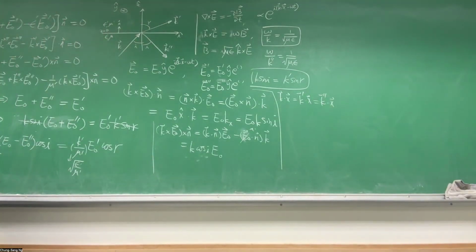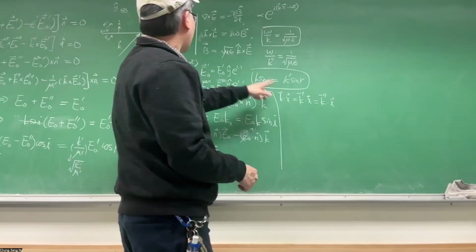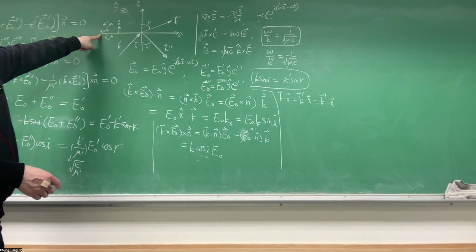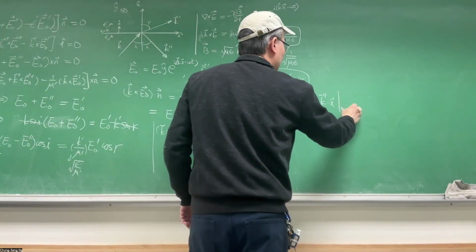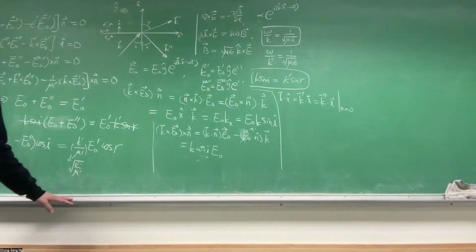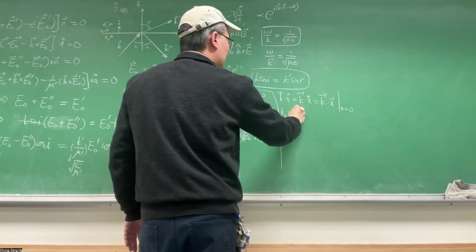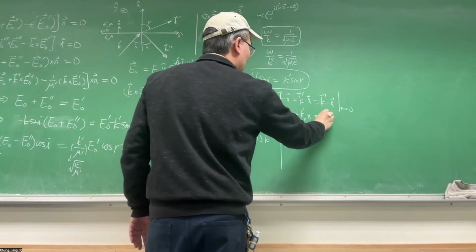K is only in the xz plane, right? And this is evaluated at z equals 0. X is basically just along x. So this is just k x equals k prime x equals k double prime x.